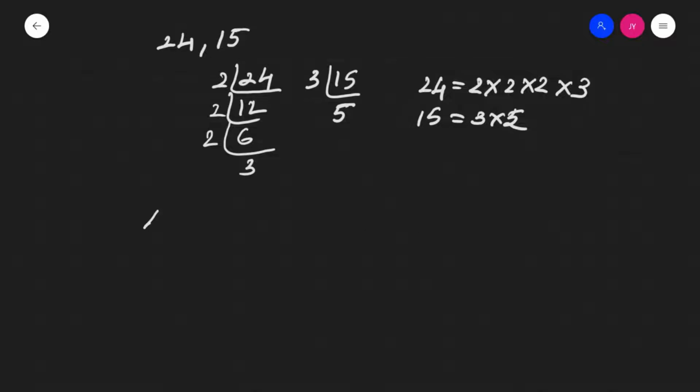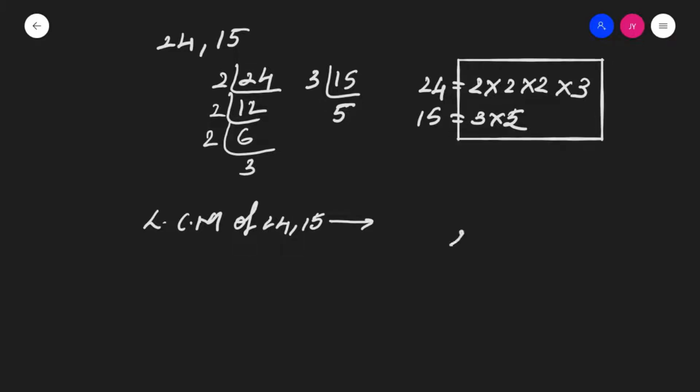So now let's find the LCM first and use the relationship of LCM and HCF which I explained in the previous video to find the HCF. So LCM of 24 and 15. What are all the numbers we can see in both? Again, I can see 2, 3 and 5.